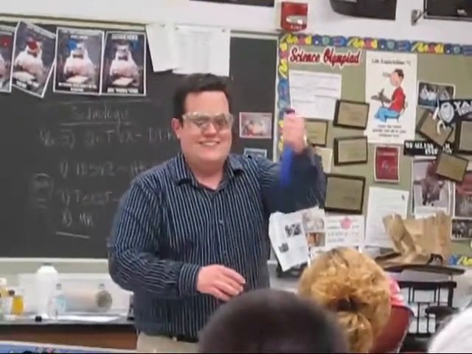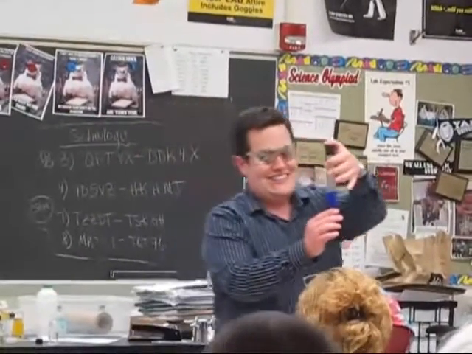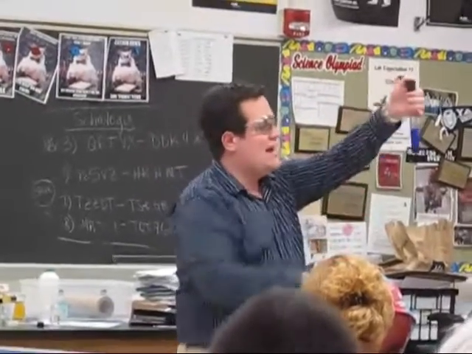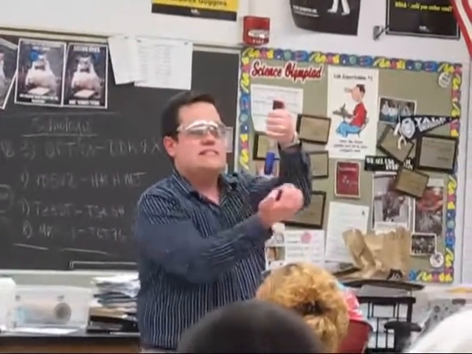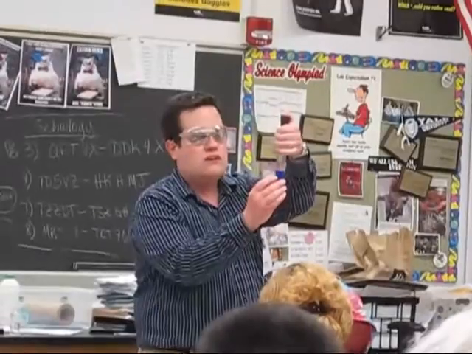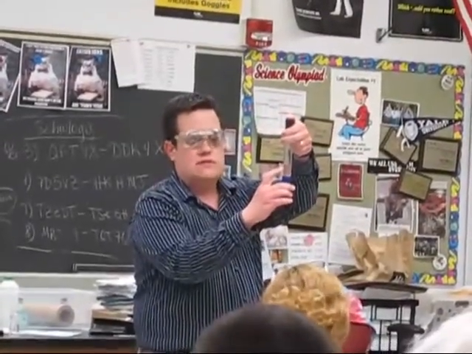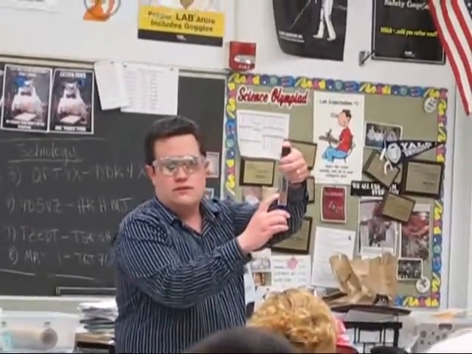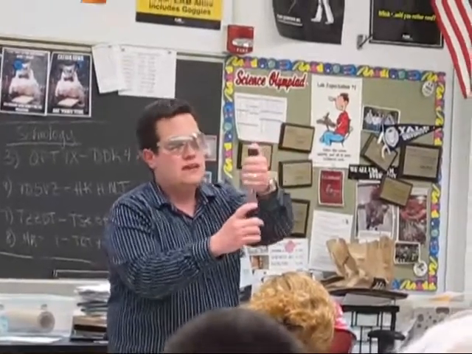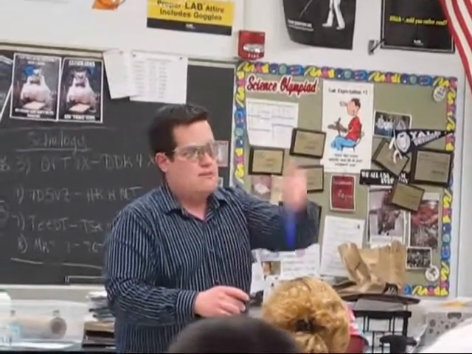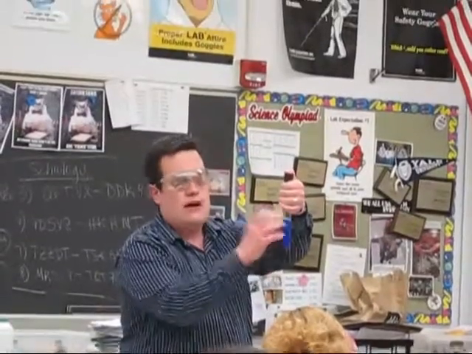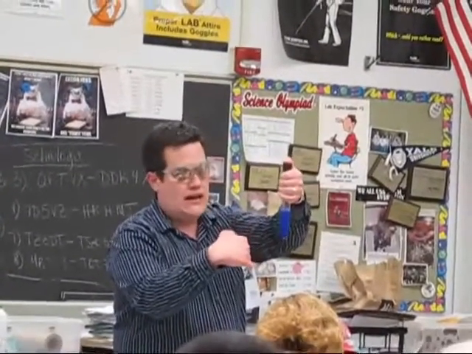Ooh. So what we'll notice is by adding this, we are getting this nice deep blue color, but then what else are we noticing? Most of the I2 is gone. Because of what is happening here, and I can mess with how much I shake it, and I can also mess with how much ammonia I'm adding in.